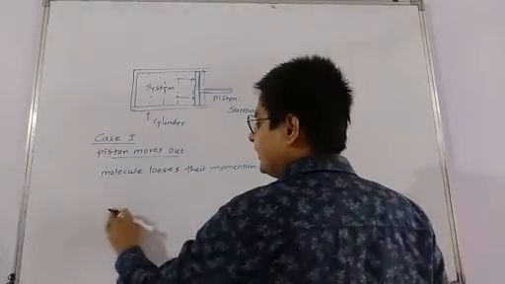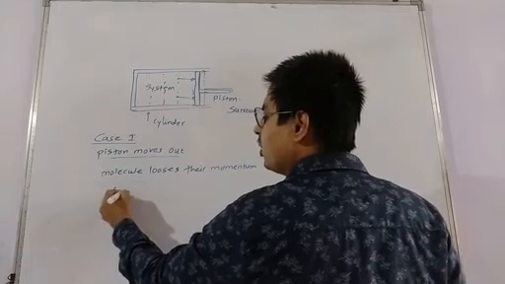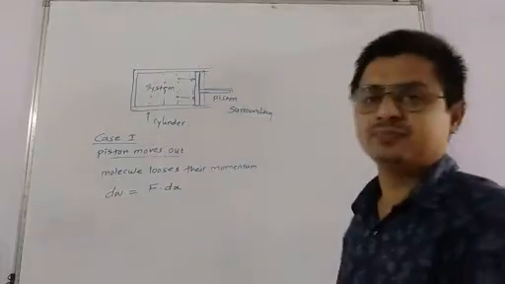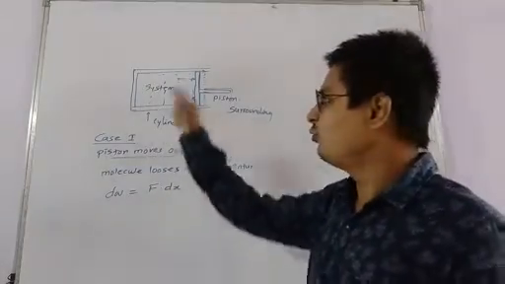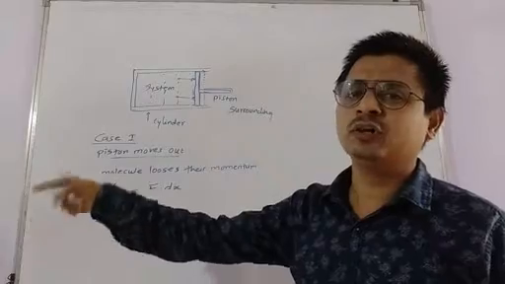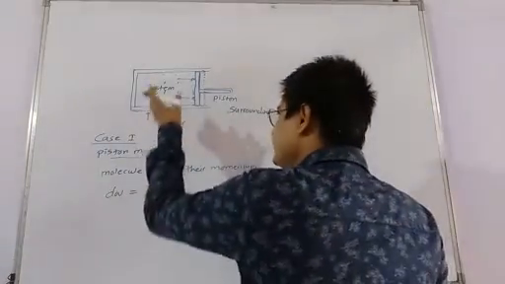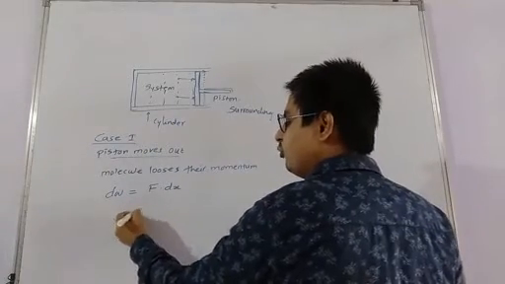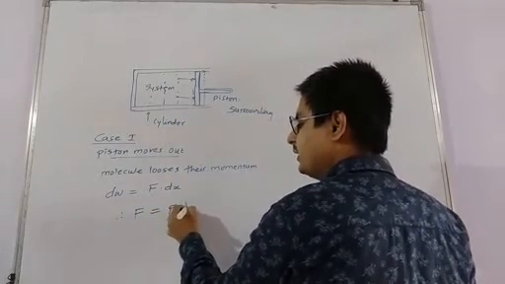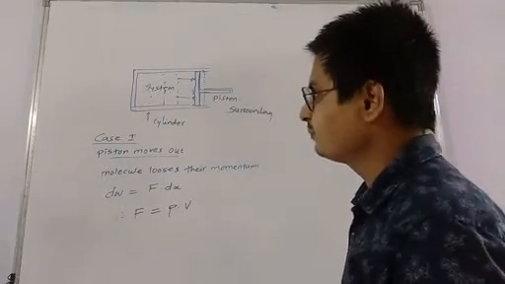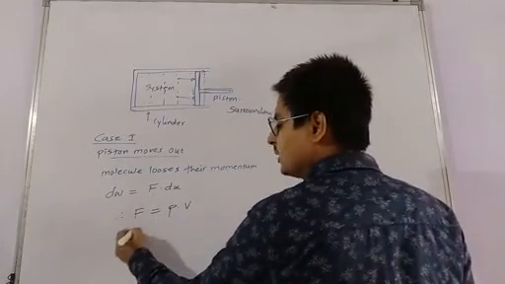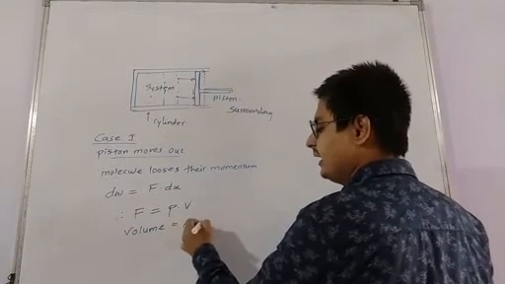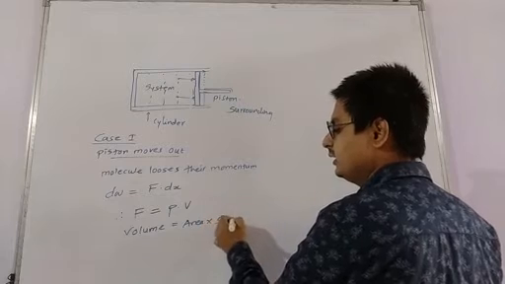So we'll take the formula for a small work done, which will be force into displacement, जो कि हम जानते हैं. Also, the force given by the molecules on the piston, or inside pressure is P, volume is V, so we can say force is equal to P into V. Volume का जो एक formula है, that is volume in terms of area, it will be area into a small displacement.